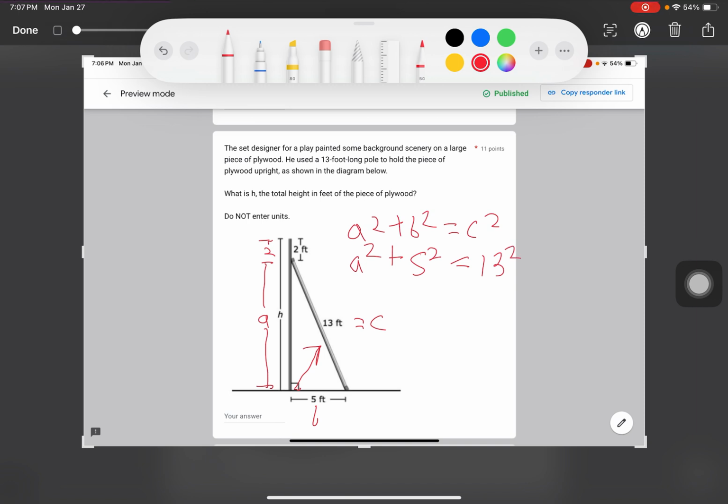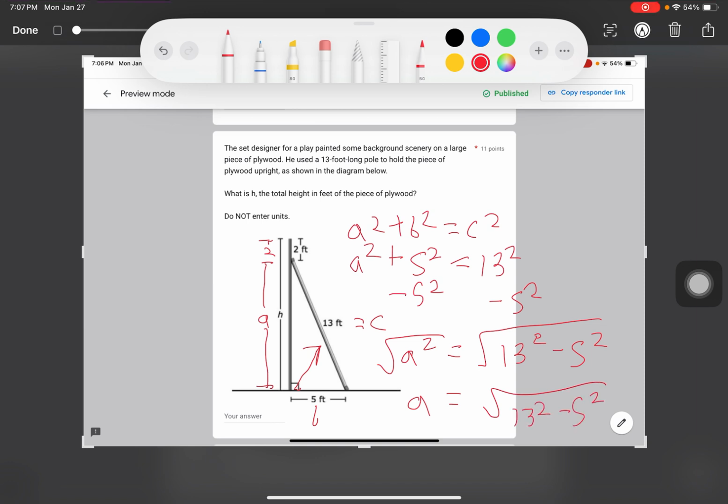You have to get rid of that 5 squared, so you subtract 5 squared from both sides. You get a squared equals 13 squared minus 5 squared, and then you take the square root of both sides. So a equals the square root of 13 squared minus 5 squared.